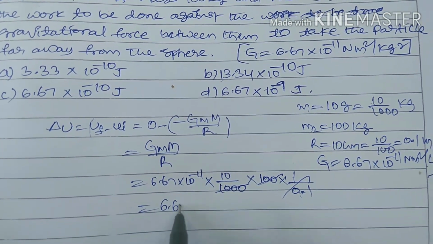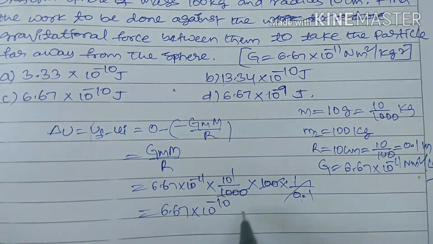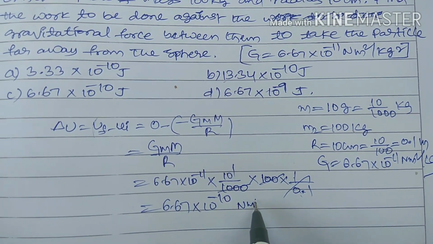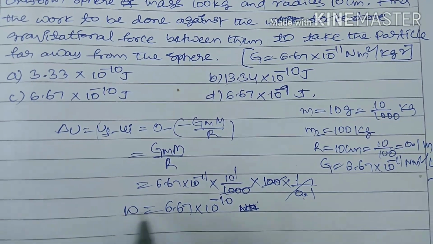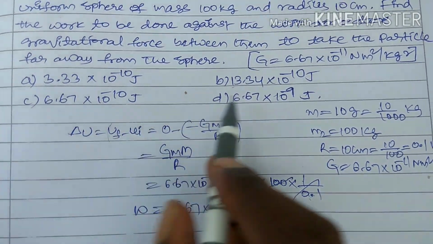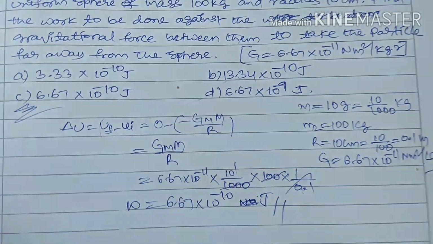It will be 6.67 into 10 to the power minus 10. It is nothing but work done, in joules. So option C is the right answer.